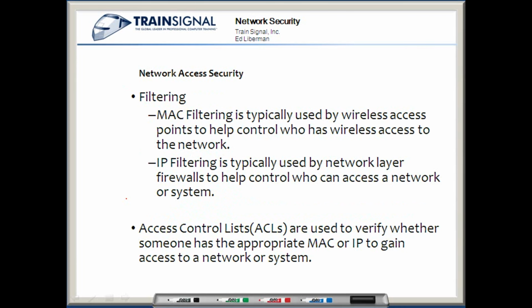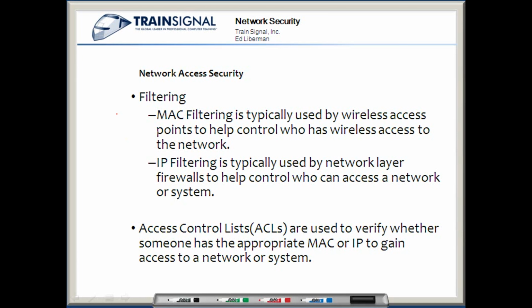All right. Now let's move along to securing our network access, securing access to the network itself. The first level of protection we have when it comes to network access security is filtering. And filtering comes basically in two flavors.